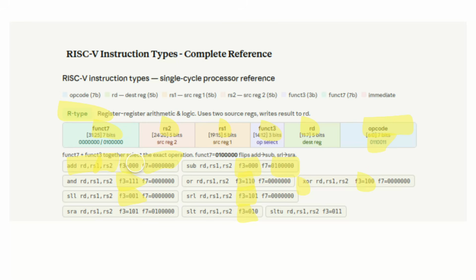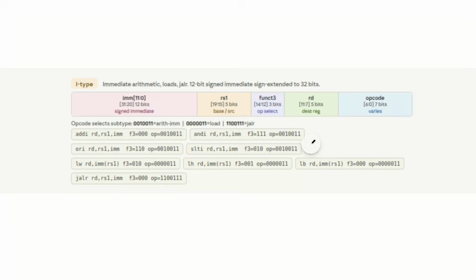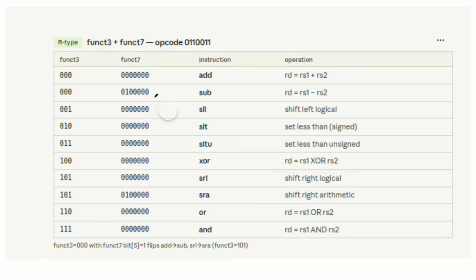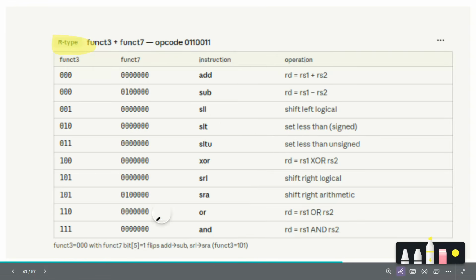Fine. So now let me teach you how you can learn the function 3 values. Opcode is something you have to learn by heart, which I hope you have learned for R type. The opcode is 0110011. Now if you look here, for R type, this is the function 3 and function 7 table.